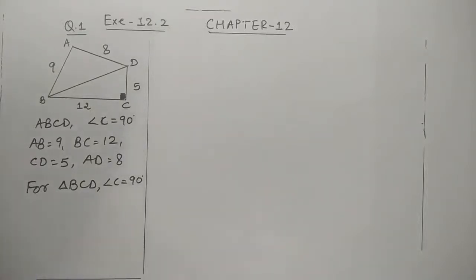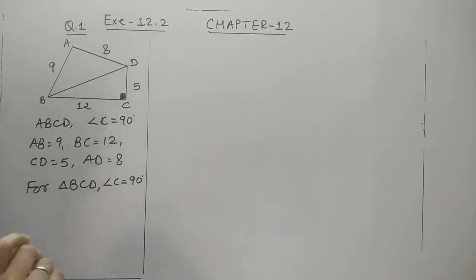Let us recall the Pythagoras, जो हमने already chapter 1 में सीख लिया था जब हम represent कर रहे थे irrational numbers on a number line, root 2, root 3, root 5. तब हमने एक बार Pythagoras discuss किया था. So let us recall again. Pythagoras theorem क्या है?